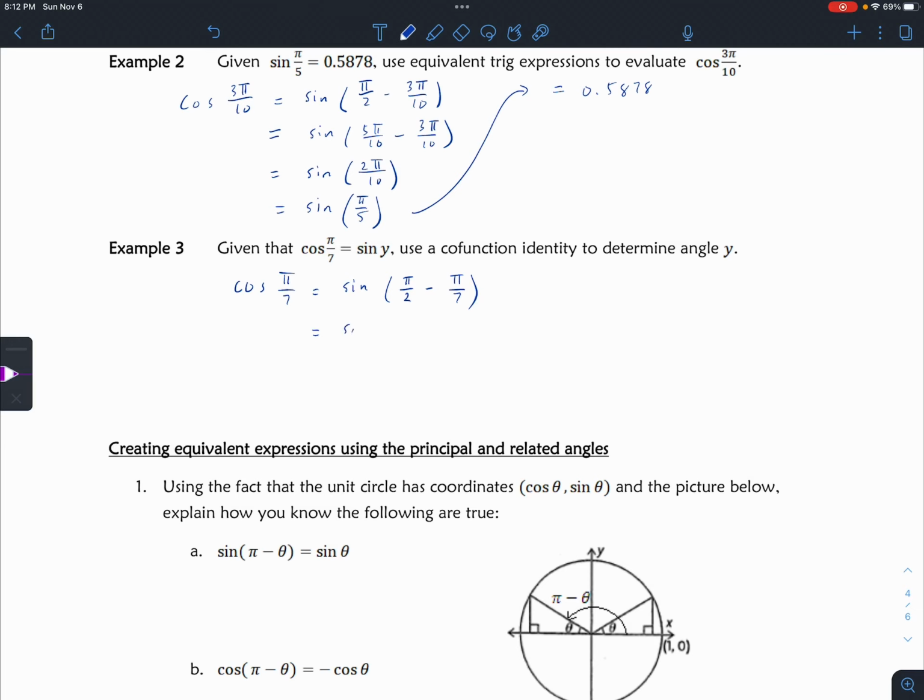Then this is going to be sine of 7 pi over 14 minus 2 pi over 14. And that's going to give us sine of 5 pi over 14.